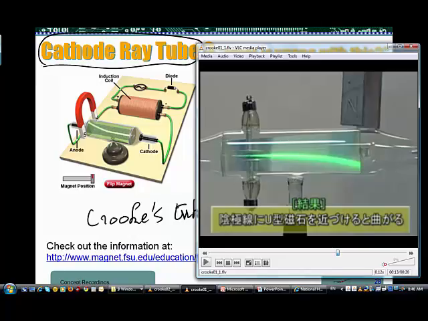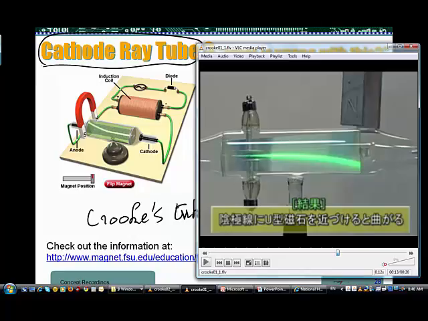So opposite to the direction of motion of the electrons: the cathode is on this side, the anode is on the opposite side, so the electrons are moving from left to right. So our thumb should be pointing towards the left.